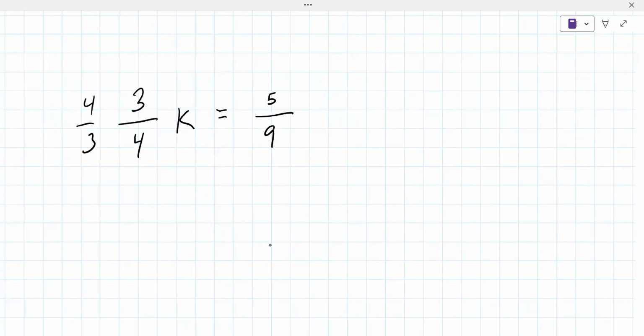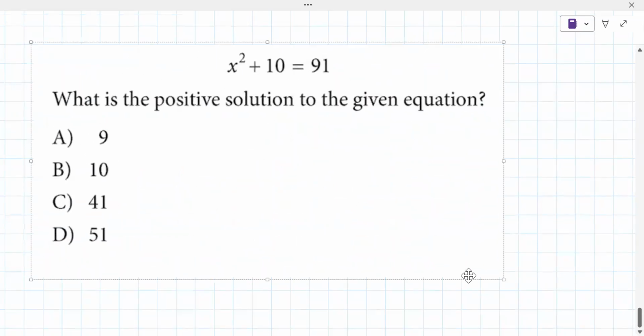Good. You multiply by 4/3. Now there are problems where there will be something that reduces, but we're not going to focus on those for today. So let's look at another couple of questions here.